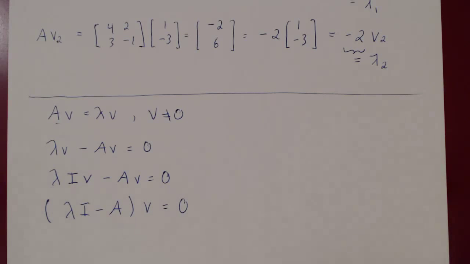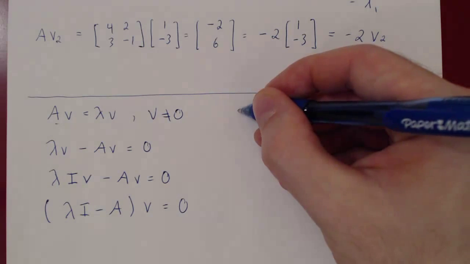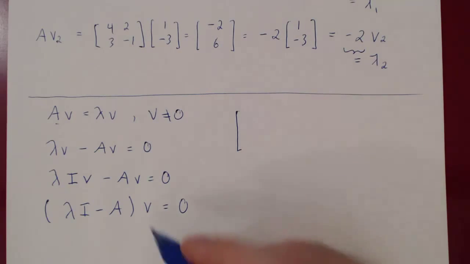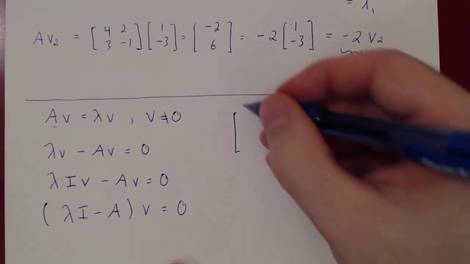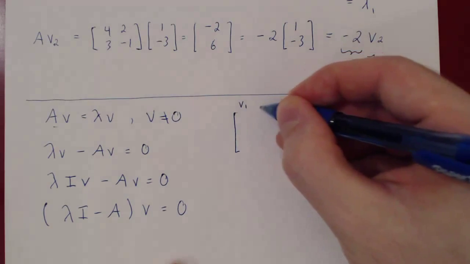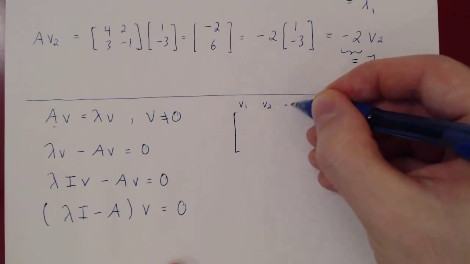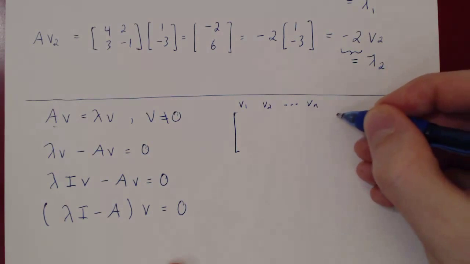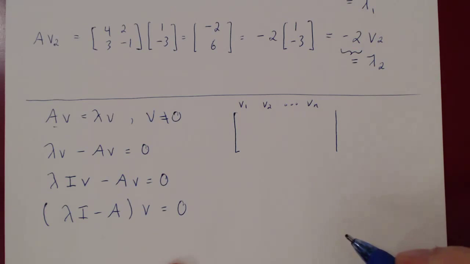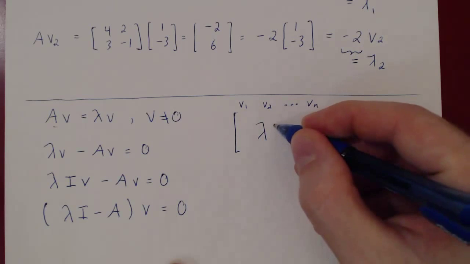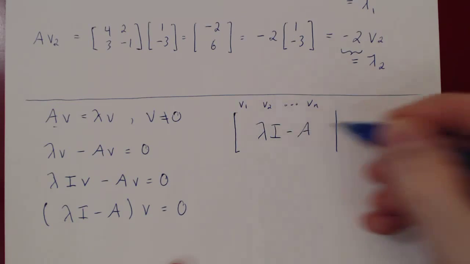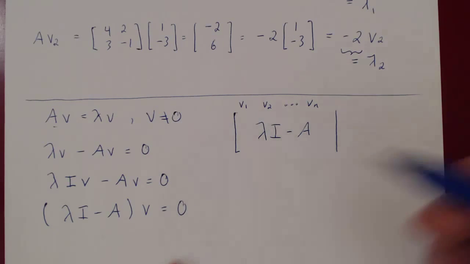So you see the eigenvalue eigenvector pair must solve the linear system. If we were to solve for this, we would of course construct the augmented matrix. The vector v is the unknown, so we can write its components v1, v2, ..., vn. The matrix of coefficients is lambda I minus A, and the vector of constants is the zero vector.